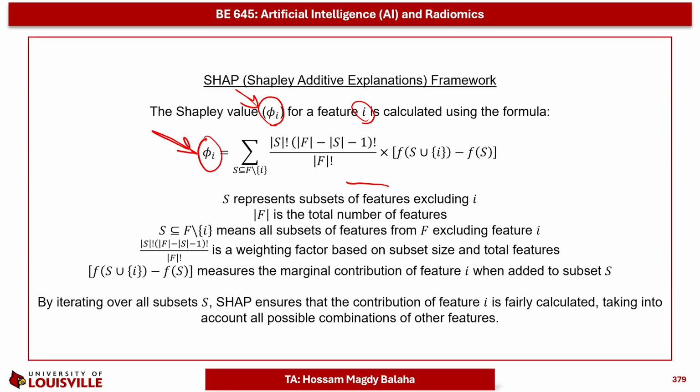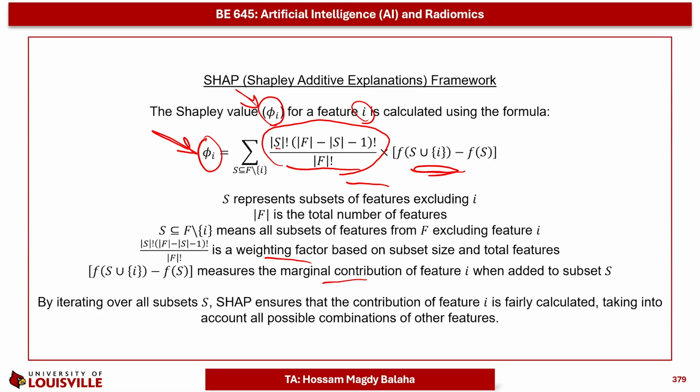It consists of two parts. The first part, which is here, is called a weighting factor, and it's based on the subset size and the total number of features. And the second part measures something called the marginal contribution of feature i when added to a subset S. And S here refers to subsets of features excluding i.